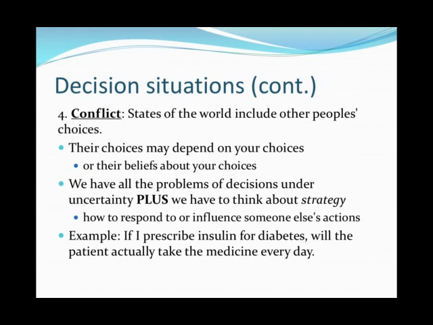So the state of the world includes other people's choices. Her choice to take the medicine or not take the medicine is going to have a direct impact on whether her diabetes is going to improve and whether her life expectancy is going to increase or not.